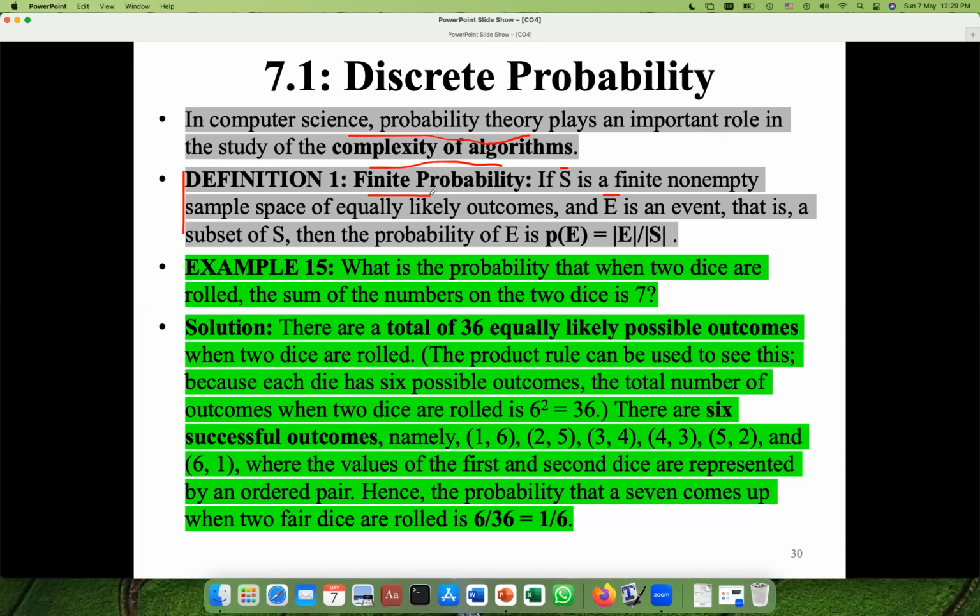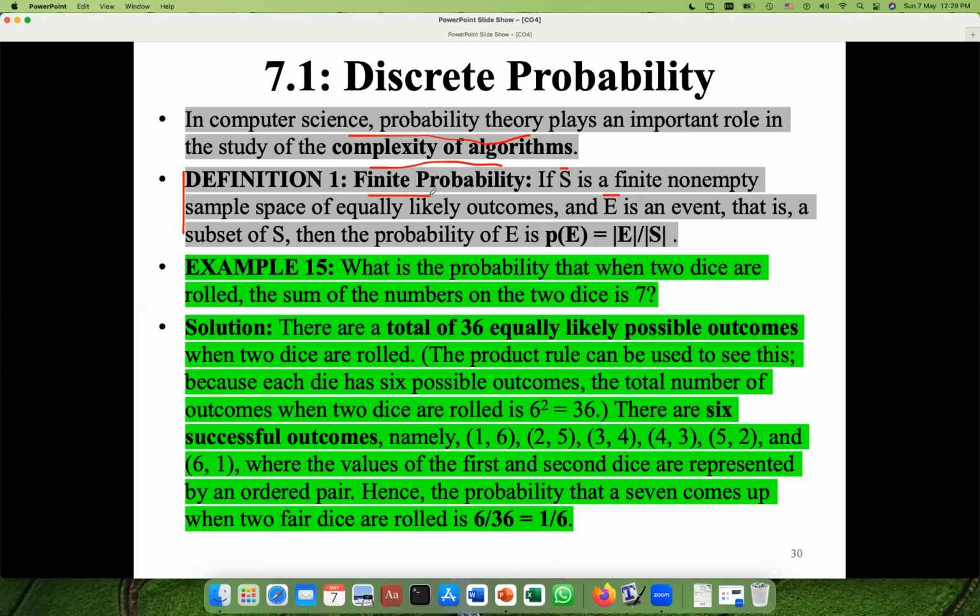For example, if there is a space and there are 10 events in it, and I say each event is equally likely, then it means that the probability of each event is 1 over 10. This is the simple formula. Each event has equal chance to happen from that space.